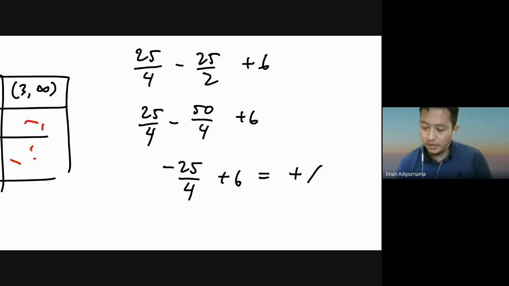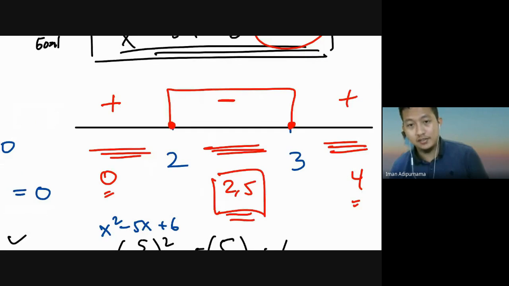Is it positive or negative? Helen, is it positive or negative? Yes, that's why it's negative. You get it? So I conclude that in my solution the interval from 2 to 3 is negative, and outside 2 and 3 it is positive.